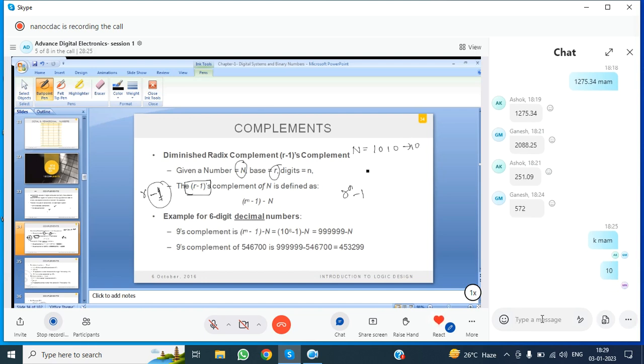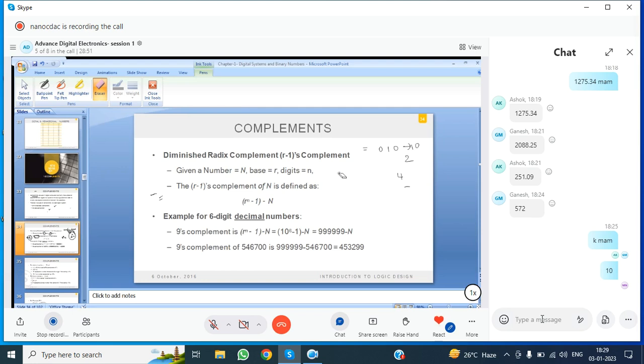How many digits are there? 4 digits are there. So the diminished radix complement can be given as follows. What is the base here? Binary, base 2. So 2 power 4 minus 1 is the diminished radix complement.